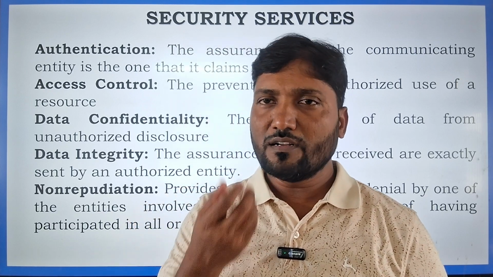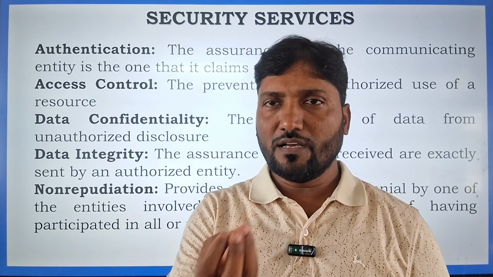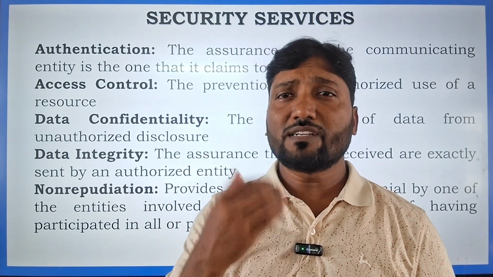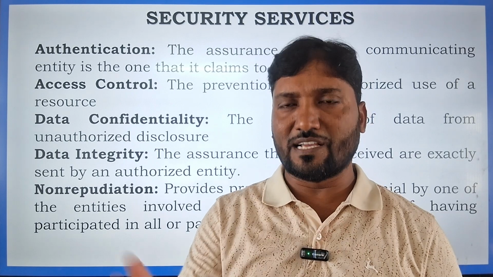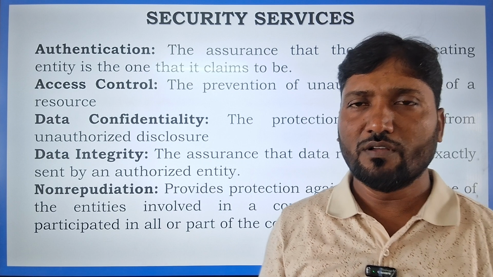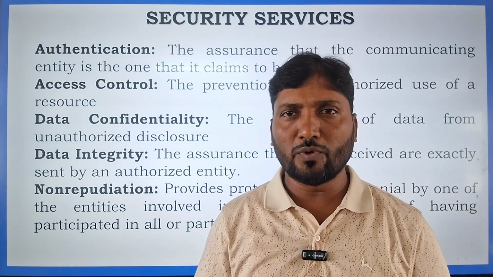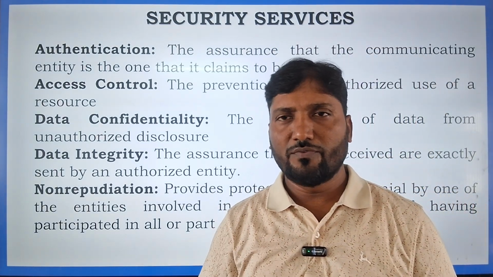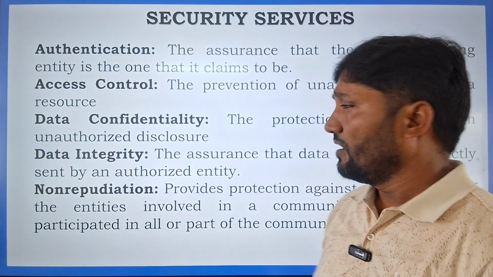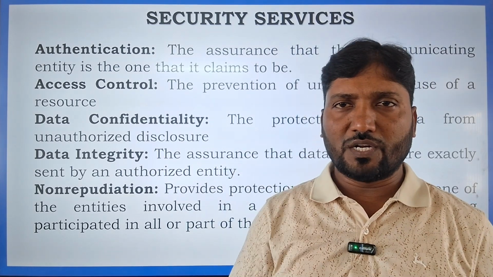A simple example: if you do any transaction over PhonePe, it generates a receipt, which is called the transaction ID. Your transaction ID is the proof of doing the transaction. That is called non-repudiation. For every transaction, for every communication, we need to provide some proof. That is called non-repudiation. These are the 5 different security services.